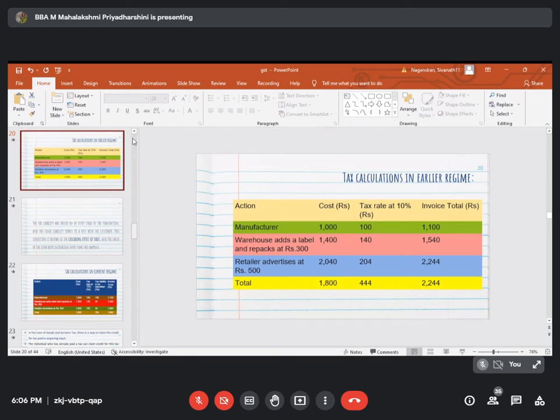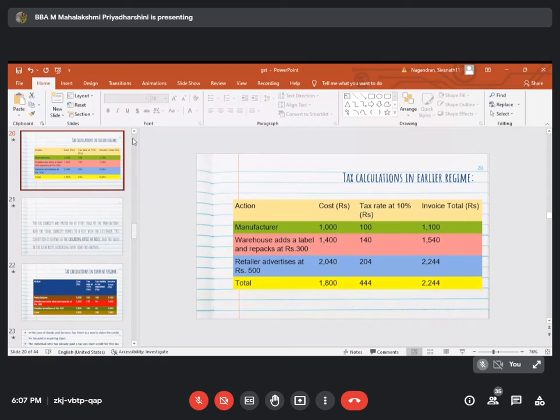I don't know how many business persons are here. I know many of you and your parents are doing businesses, right? But we have to accept this. When the old tax method was followed, many business people earned much profit, and after GST came, many of them were against the GST concept.